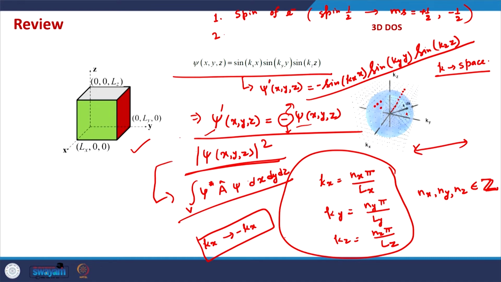So, all these wave functions which just have a difference of global phase factor are physically the same thing. What it implies is that there are 8 octants in the kx, ky, kz system here, and a point in the first octant and a point in the second octant will have a difference of a global phase.